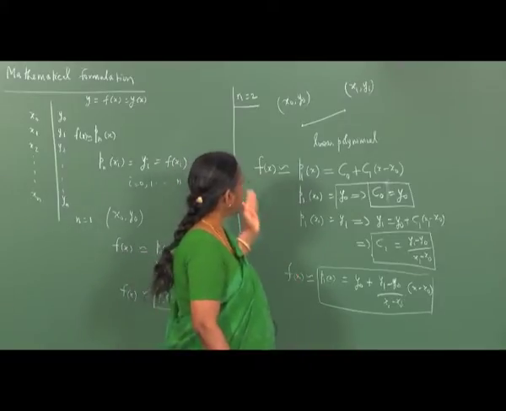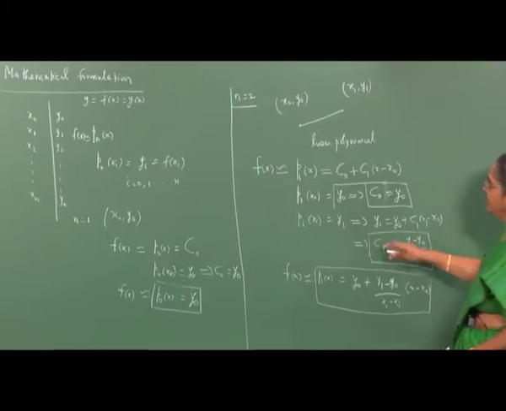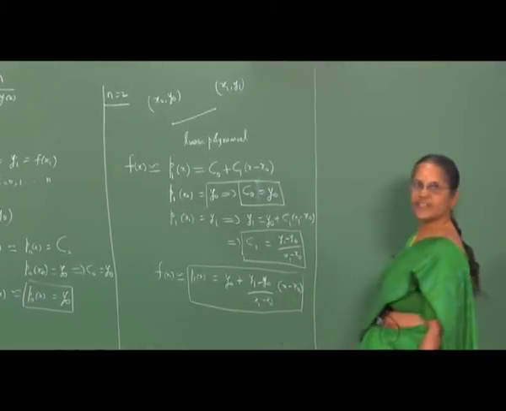So, we see that once we know that the 0th degree polynomial exists, the first degree polynomial can also be constructed and it exists.